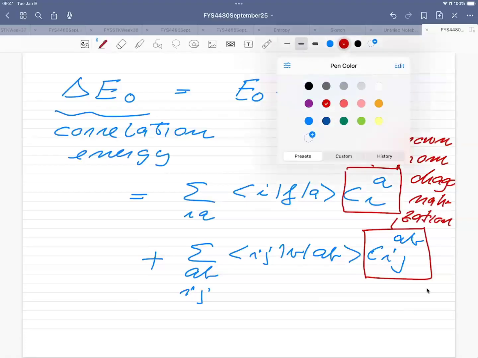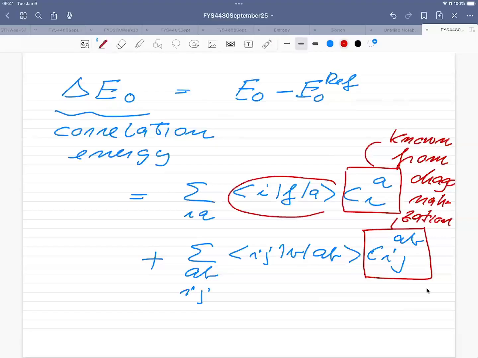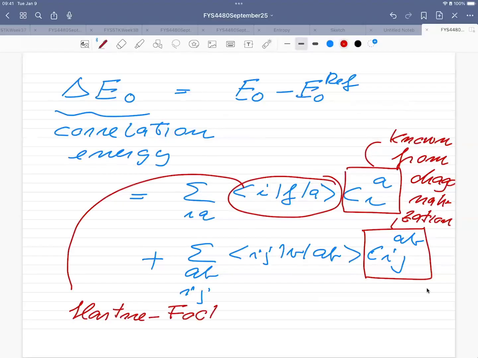So if I do something which is called Hartree-Fock theory, that means that these integrals are going to be exactly equal to 0. So that term disappears. Now, this is something which we will start looking at tomorrow, and we're going to set up the equation.